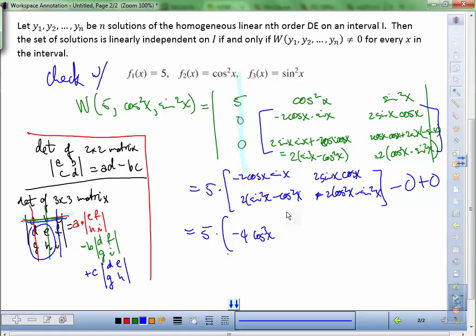I think if I distribute, I will have a cosine cubed x sine x, negative 4, negative is a positive. This 2 gets multiplied also. This would be 4 cosine x and sine cubed x.